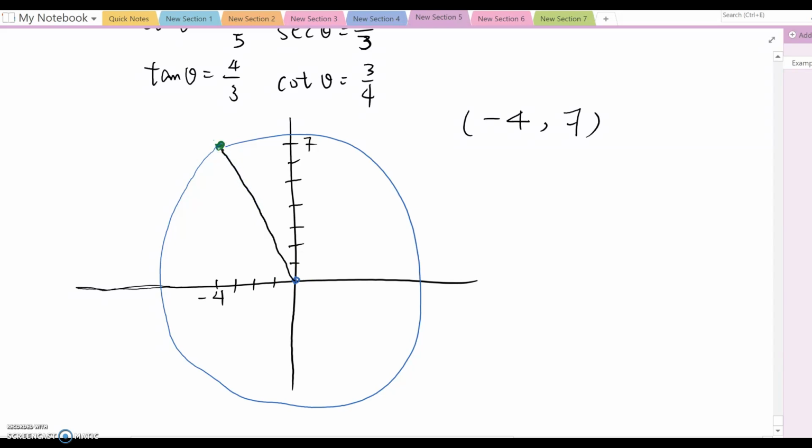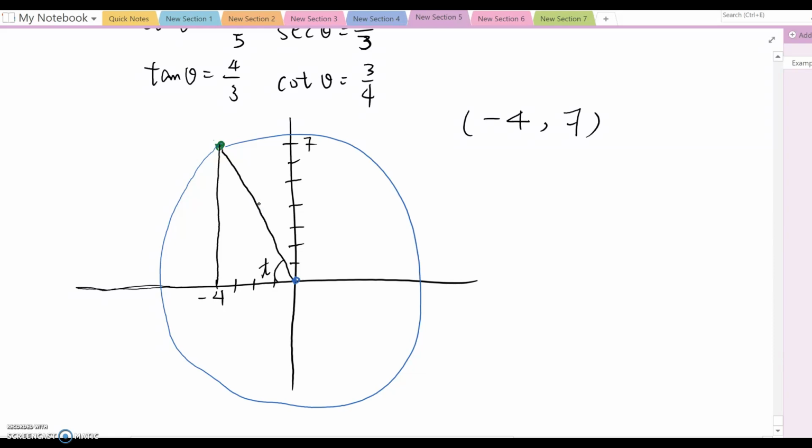There will be a radius, and then you make one triangle here. Then this will be our given angle. I'm going to say this is t because I used theta before. Then this will be the opposite value, adjacent value, and then hypotenuse value here.